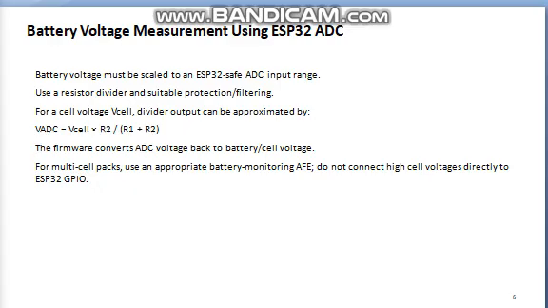That conversion will be done by the firmware which is put inside the ESP controller. For multi cell packs, use an appropriate battery monitoring AFE, and do not connect the high voltage cells directly to the ESP32. This is one more precaution which you need to follow.